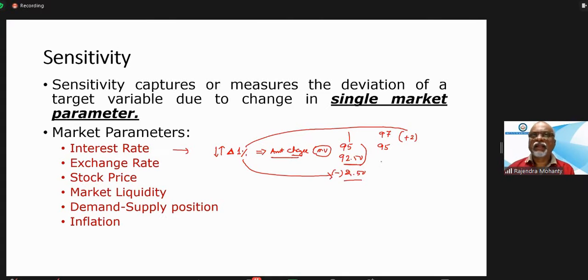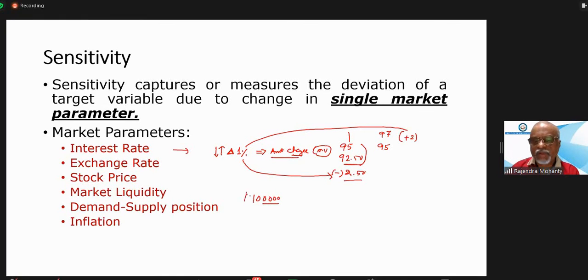So we can say that for a 10,000 rupees portfolio we are having, suppose one of the assets we are having is 10,000 rupees, and the market value of the portfolio is 10,000, and for 1% change in the portfolio, how much will it be impacted? 1% means it will be rupees 1 lakh, right?